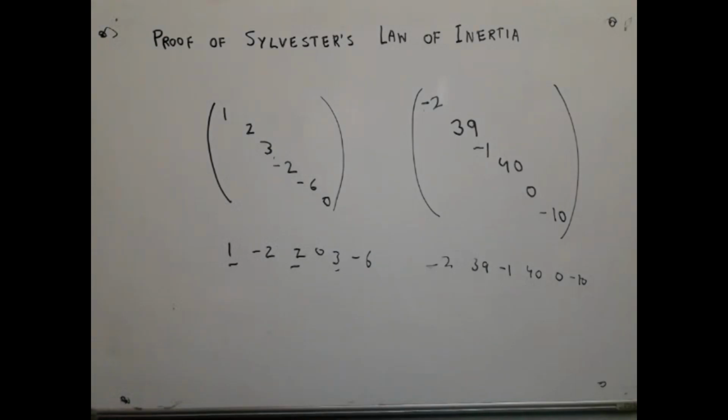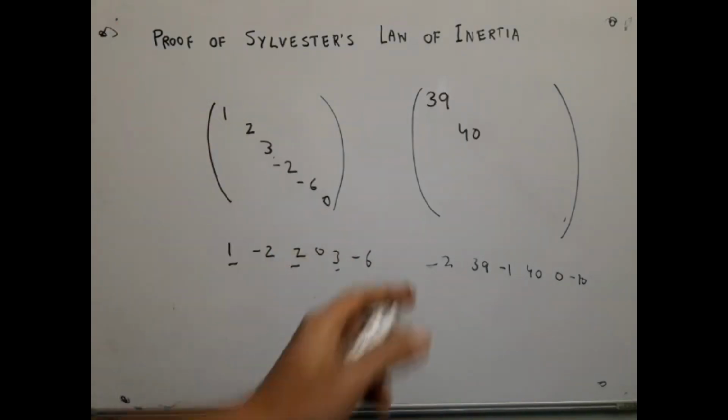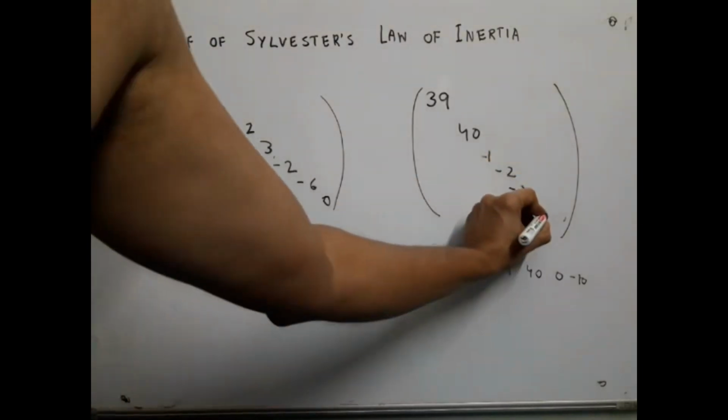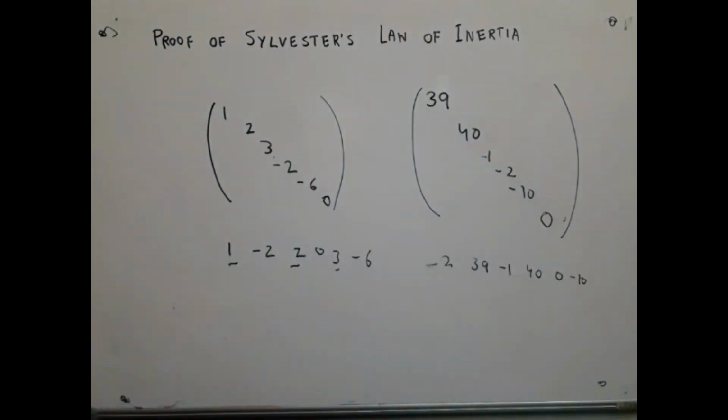So I bring them first. Then I have got 3 negative entries. They will come after that. And finally, the 0 entry. So I shall show that these two matrices cannot be congruent to each other.